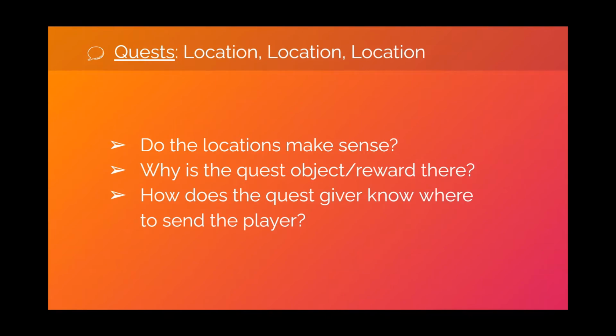So if they say, "Oh, bandits have taken my ancestral amulet," or whatever, they can't really say, "They've taken it to this place in the hills in this specific cavern," unless they followed them there or know that that's the bandits' hideout. And if so, indicate why. So that has to do with realism in the larger world space, where things are in relation to the person who gives the quest and in relation to the player.